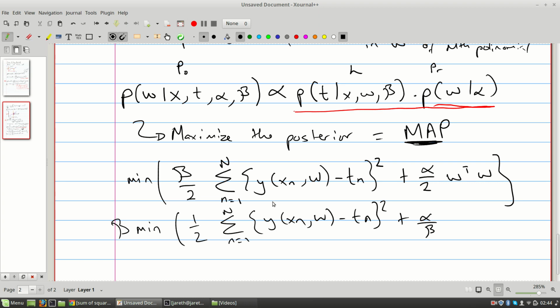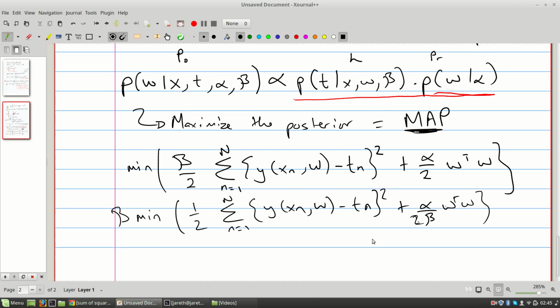This is one way that we can represent this. We can say alpha over 2 beta, I guess, since we have a 2 here, but we can also take out beta over 2, I suppose, but no, it's fine. W transpose W.